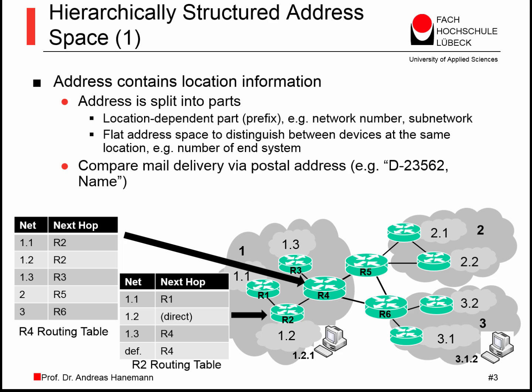A scalable solution is a hierarchically organized address space, which can also be regarded as location-dependent address space. We find such address spaces, for example, for postal service zip codes or telephony numbers. Telephone numbers start with a country code like +49 for Germany or +1 for the United States, followed by an area code and a local number at the end.